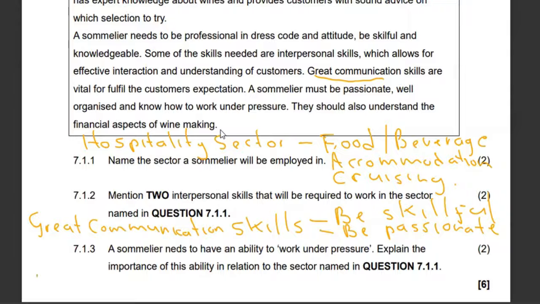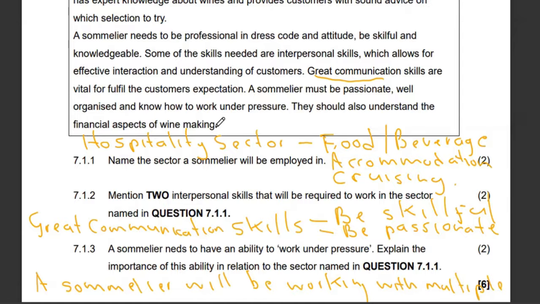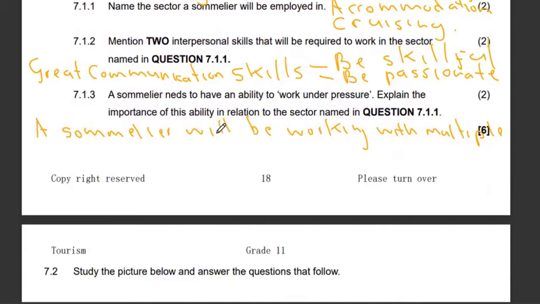So a sommelier will be working with multiple orders at the same time. So you may work with quite a number of orders at the same time.